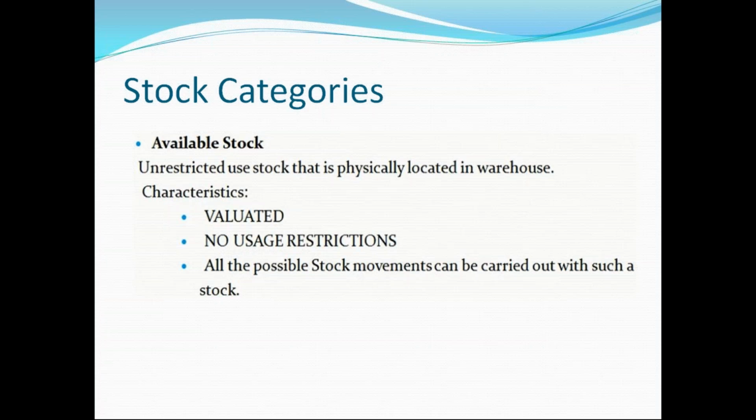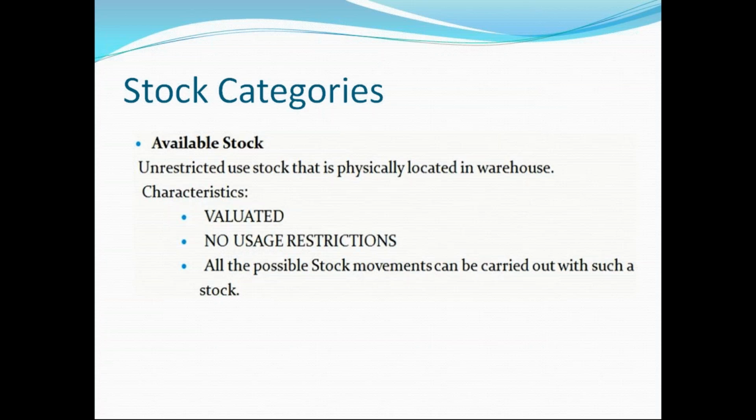Now we will see what are the various characteristics of this stock category. It is a valuated stock category. That means this unrestricted stock is counted. So if the stock is lying in a particular storage location, or in a particular bin, the quantity will be counted and recorded in IM as well as in the WM system.